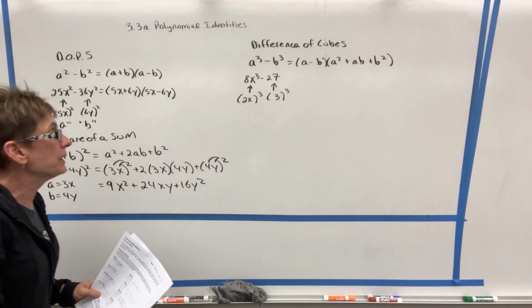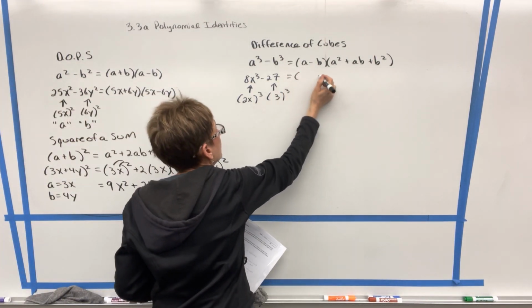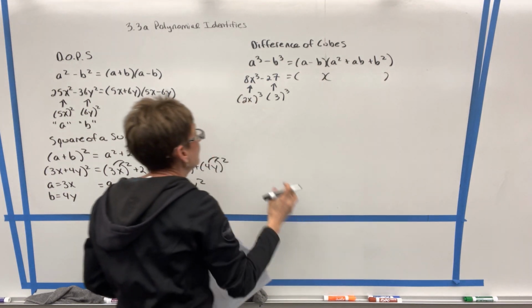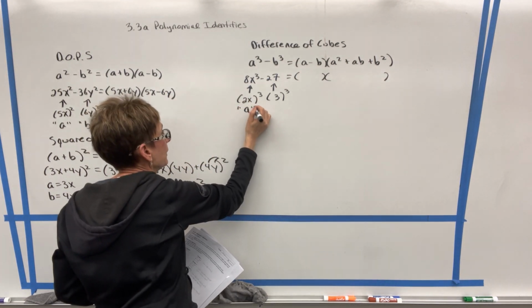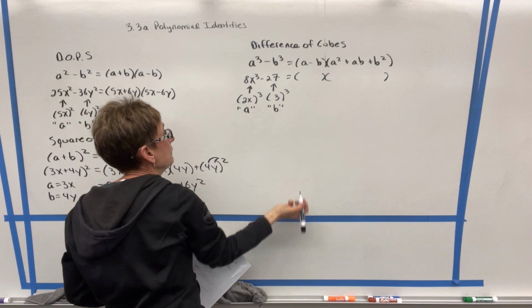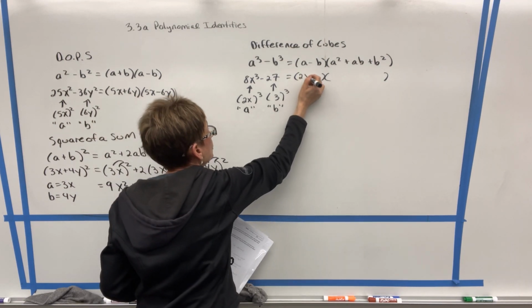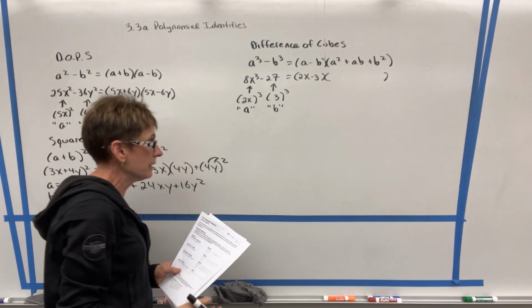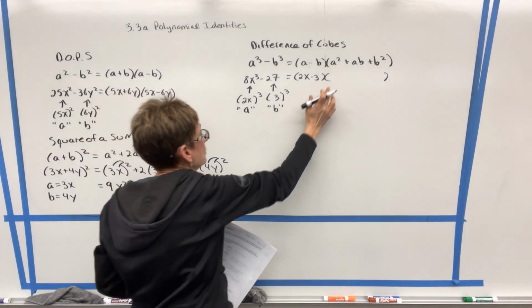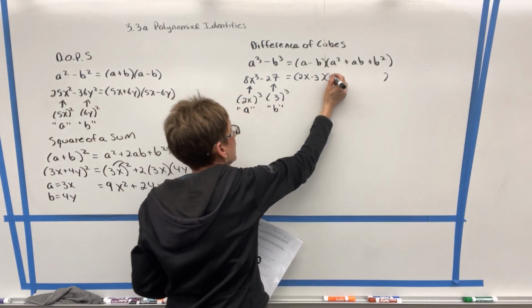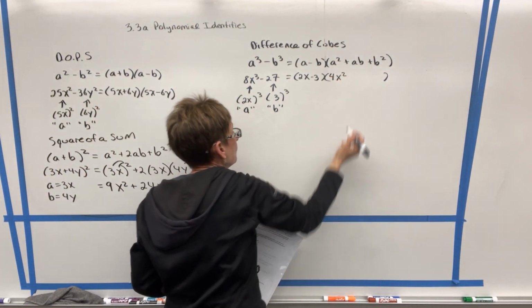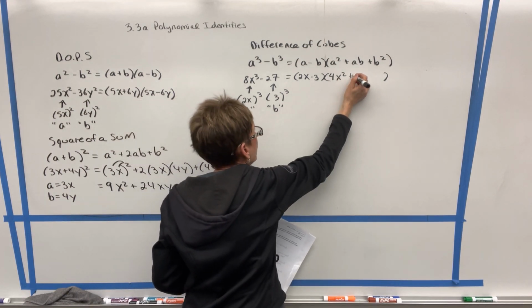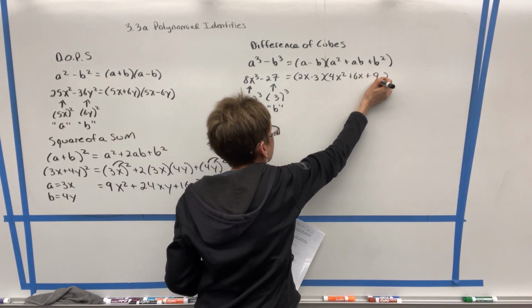The answer would be 3. So if I plug 2x in for a and 3 in for b, I would have 2x minus 3 here. When I square 2x, keep in mind I'm squaring the 2 and the x, so that becomes 4x squared plus 6x plus 9.